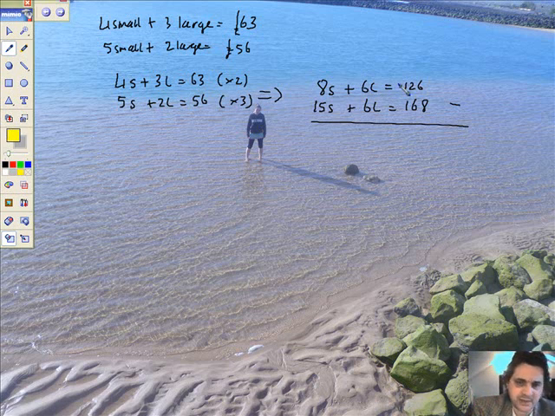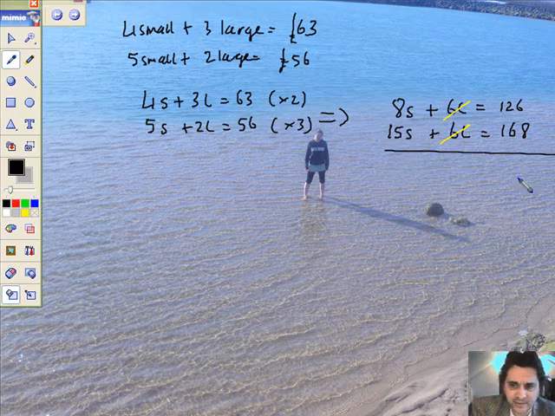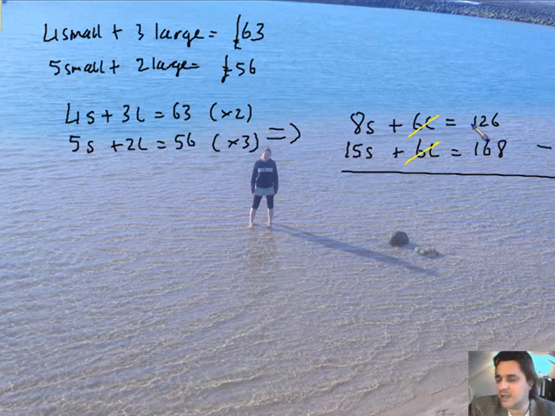Now I've got to subtract, obviously, to get rid of the 6 large boxes. So subtracting 6 large minus 6 large means I've got no large for now. It doesn't matter that we go into negative territory. I can say 168 take 126, writing it again on top of each other. 8 take away 15 is going to be minus 7 smalls.